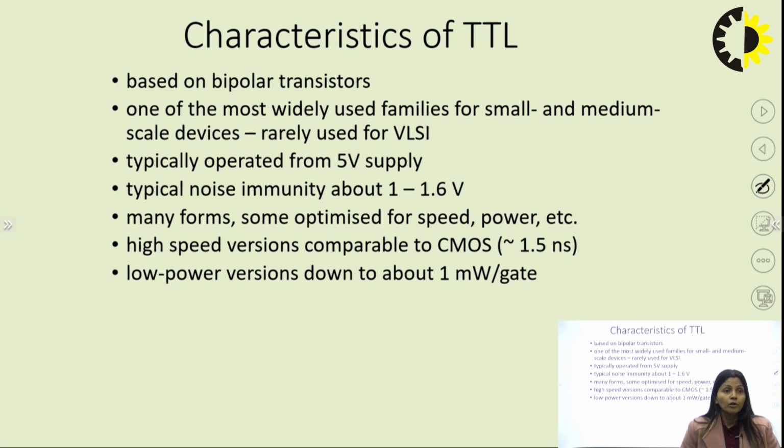Noise immunity about 1 to 1.6 volts, and many forms have been made, and they are being optimized for speed, power, etc. High speed versions are comparable to the CMOS, and low power versions are down up to 1 milliwatt per gate.